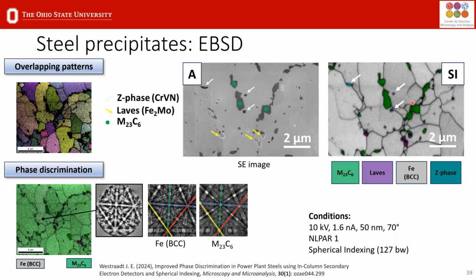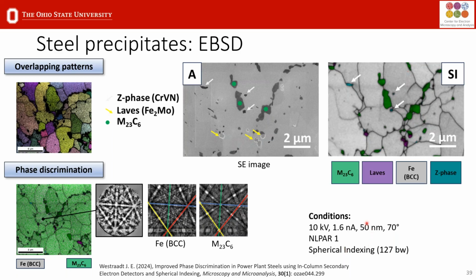And when you do it with spherical indexing, you can see that the ambiguity between the precipitate and the matrix is completely resolved. So we can reliably index the BCC iron grain. And then for these precipitates, we see that these dark precipitates map out as the Z phase. And then these brighter ones marked with the yellow is the Laves phase. And then the green ones are the M23C6.